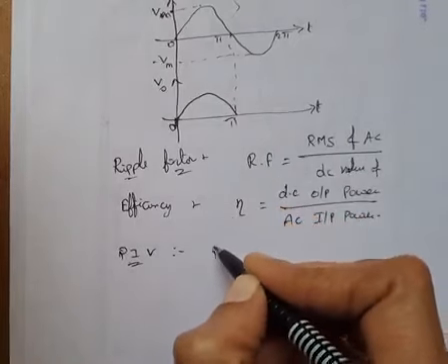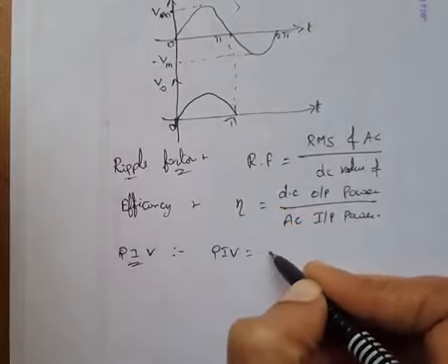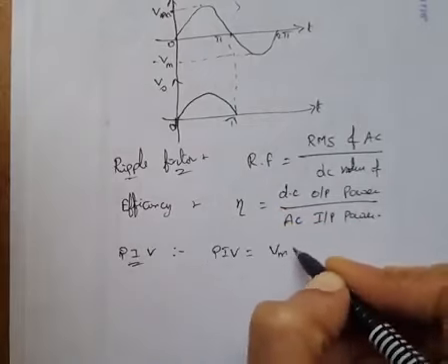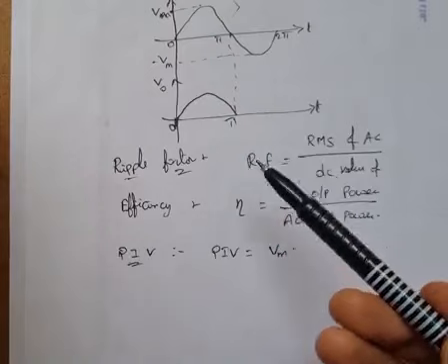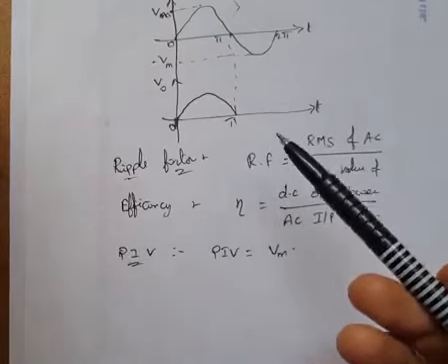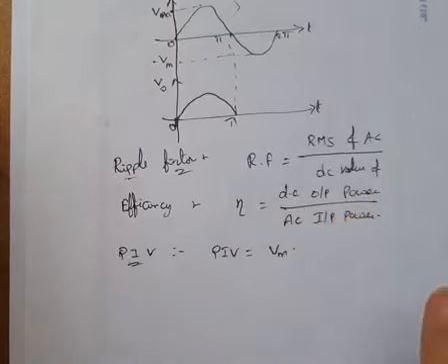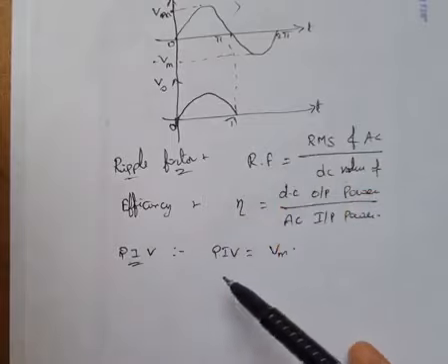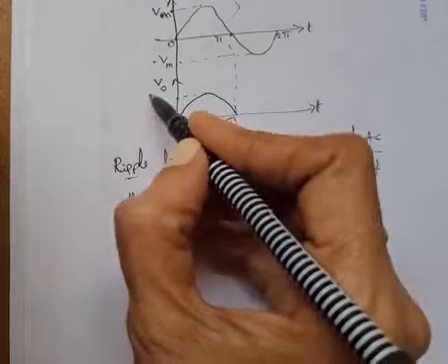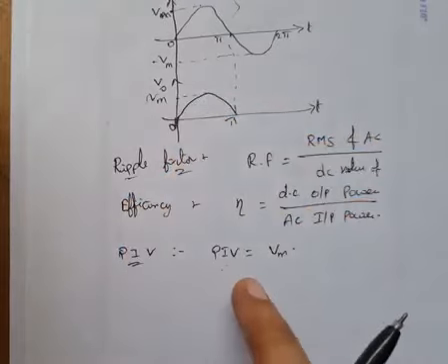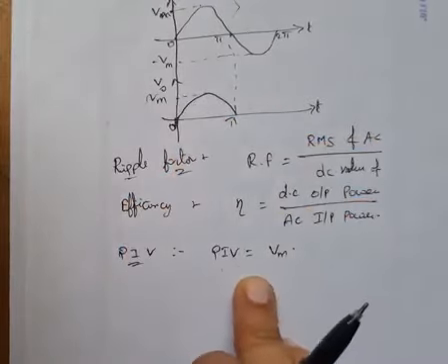Here the peak inverse voltage of a diode is the maximum voltage, because in the negative half cycle the diode is reverse biased, and the drop across the load is 0. That's why peak inverse voltage is only Vm.